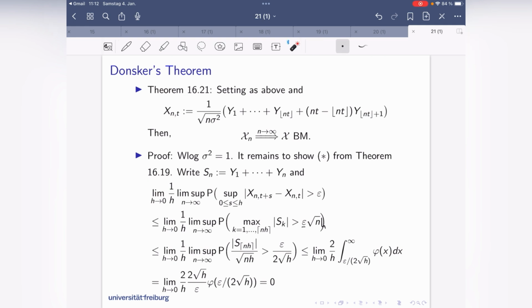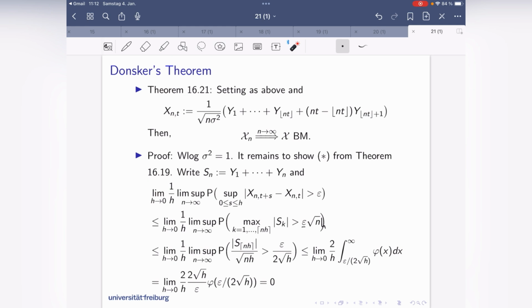Okay, now nothing really happens anymore because we can bound this thing here. The SNH divided by square root of NH converges to a normal distribution, which means I can use the integral here, starting from this here. And because of this absolute value, that 1 here turns into a 2 here.